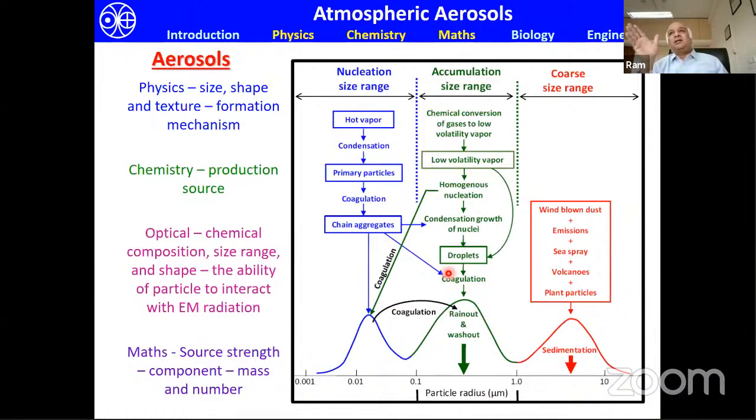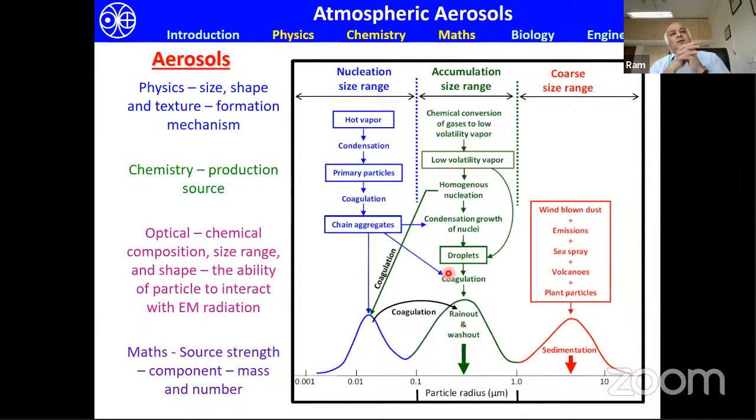Particles that are larger than 1 micrometer in the atmosphere are generated by mechanical processes such as wind-blown dust, sea salt, sea spray emissions, volcanoes, plant particles, etc. All of them we'll see in detail as the talk progresses. When I mentioned that it involves all aspects of science and also engineering, I meant this.